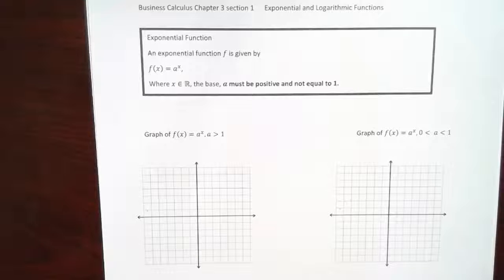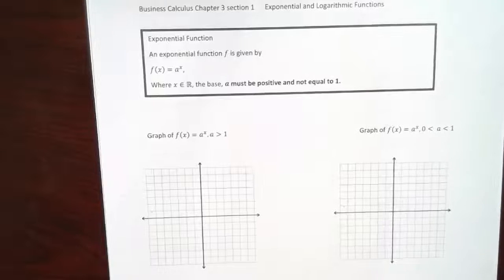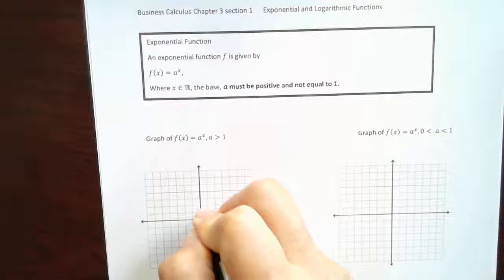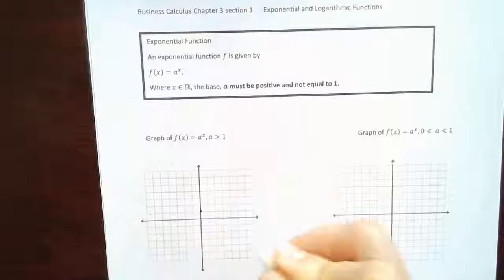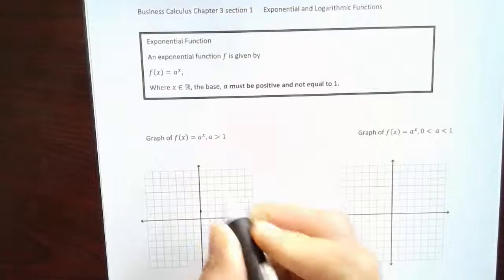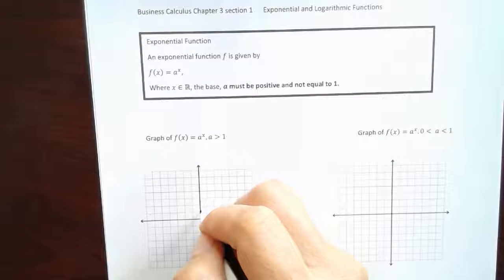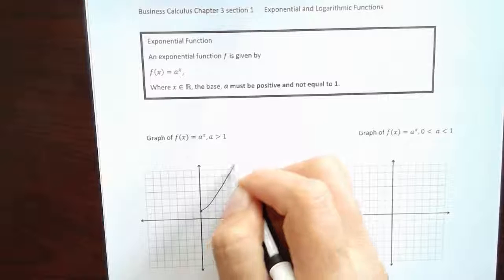So let's just take a quick look at the graphs. If your value for a is greater than 1, first of all, anything to the 0 power is 1, so they're all going to go through here. But if your base is greater than 1, that means as you move to the right, your graph is going to increase quite quickly without bound.